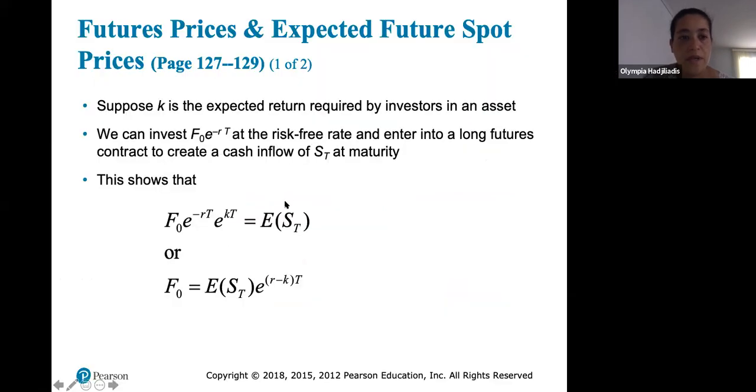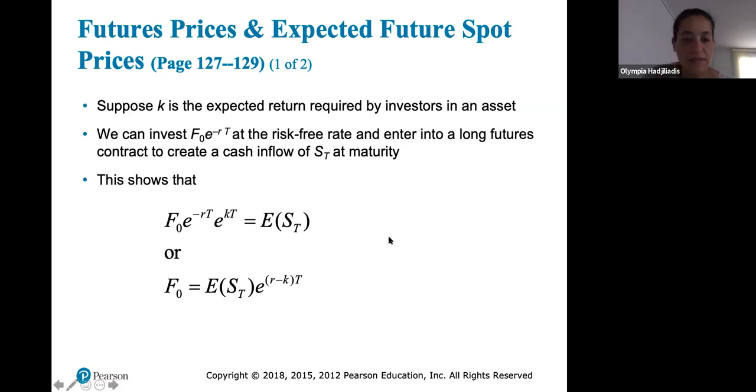Suppose K is the expected return required by investors in an asset. We can invest F0 e to the minus RT at the risk-free rate and enter into a long futures contract to create a cash inflow of ST at maturity.